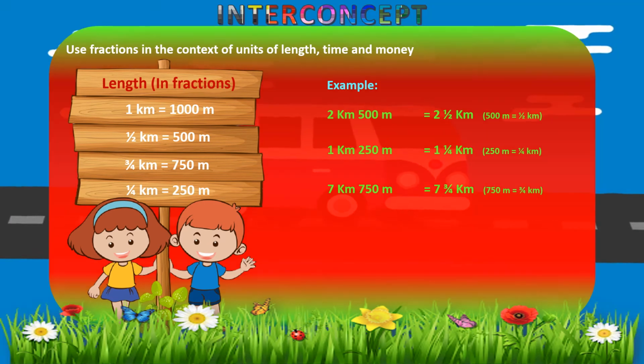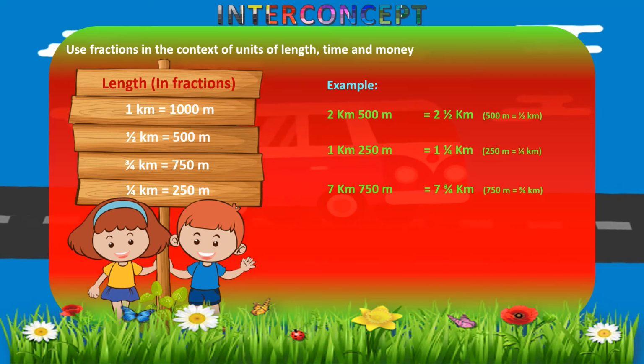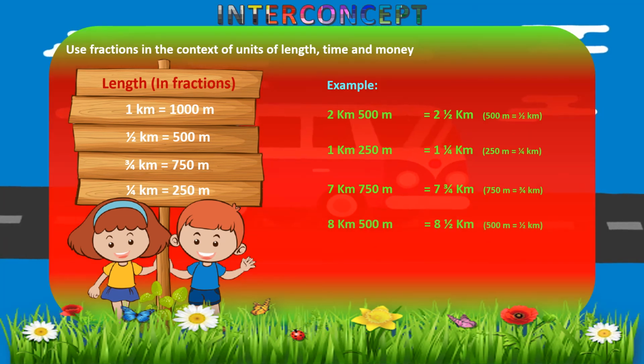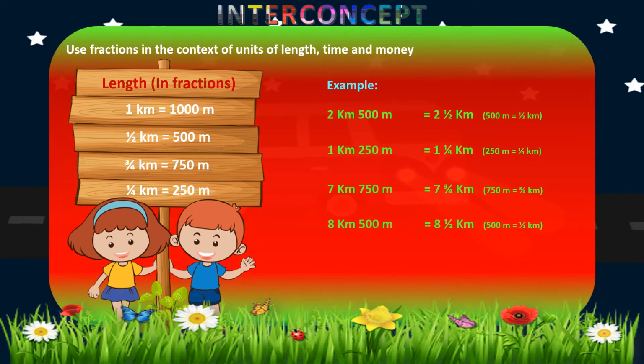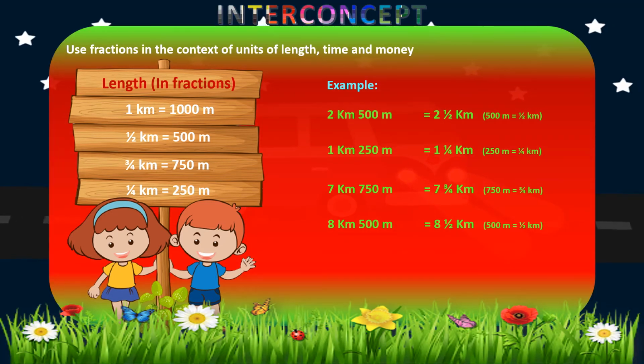Next one, 7 kilometer and 750 meter is equal to 7 and 3 by 4 kilometer. And the last one is 8 kilometer and 500 meter is equal to 8 and a half kilometers.